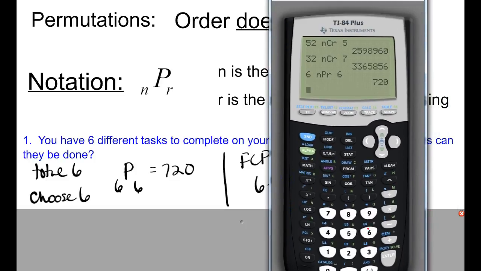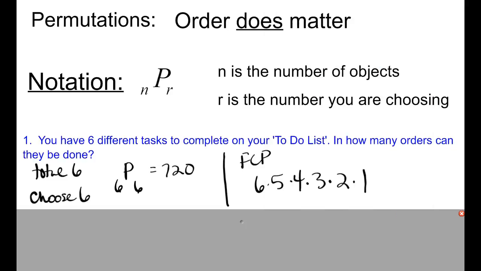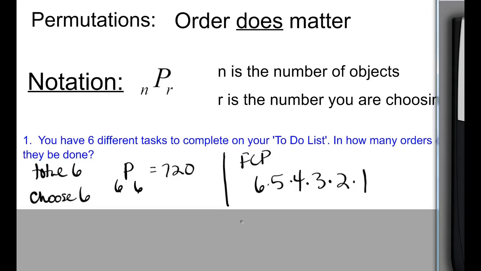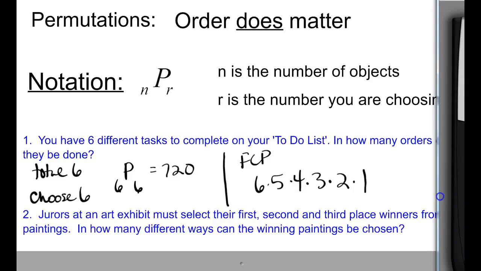Let's do 6, math, and let's go find our factorial. Six, math, number, factorial, 720. Okay, so that was a trick question. It's 6, permute 6. All right, let's go on to our next problem.